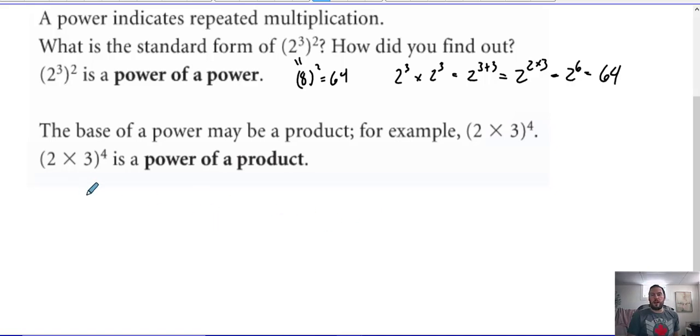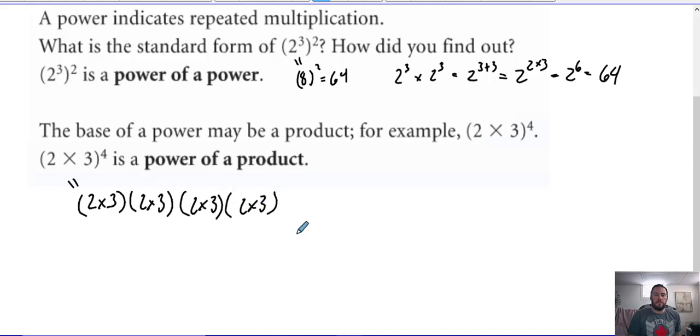Just like with any other power, we can understand what's happening here by writing it out as a repeated multiplication. So 2 times 3 to the power 4 is 2 times 3 times 2 times 3 times 2 times 3 times 2 times 3, four of them.